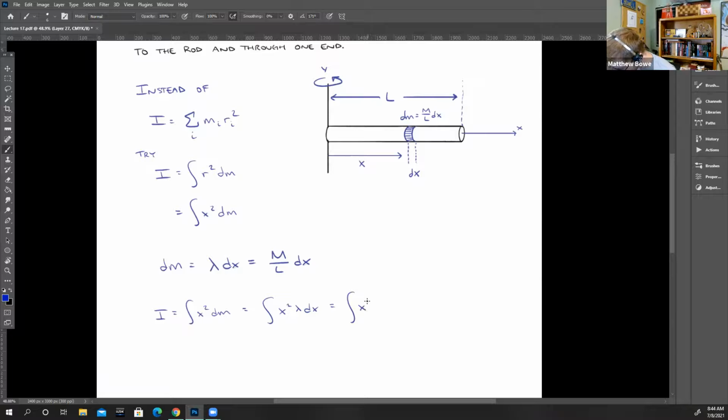That is x squared m over L dx. And since the total mass and total length are constant values, this object's not changing its shape, I could take those out of the integral.